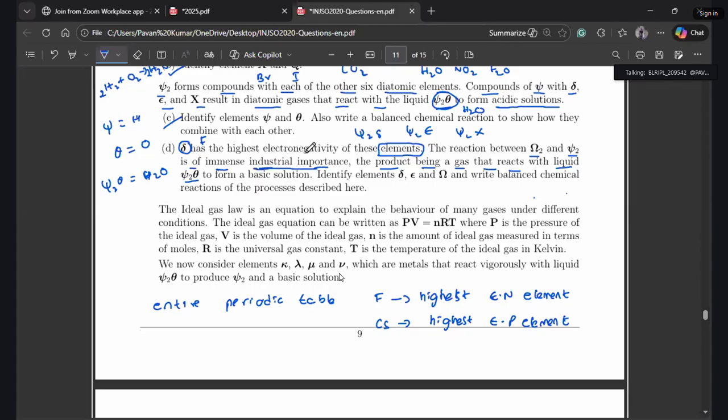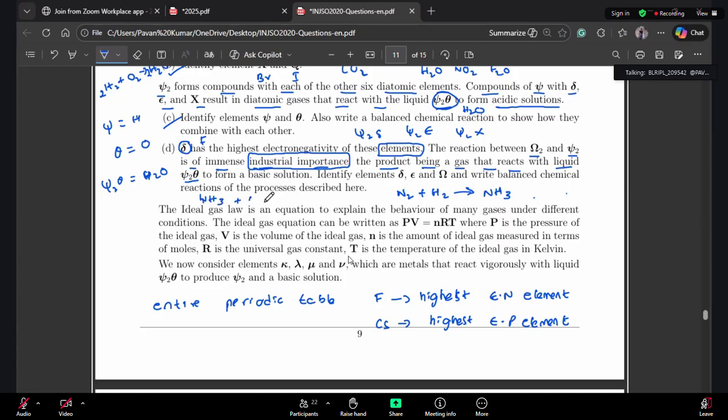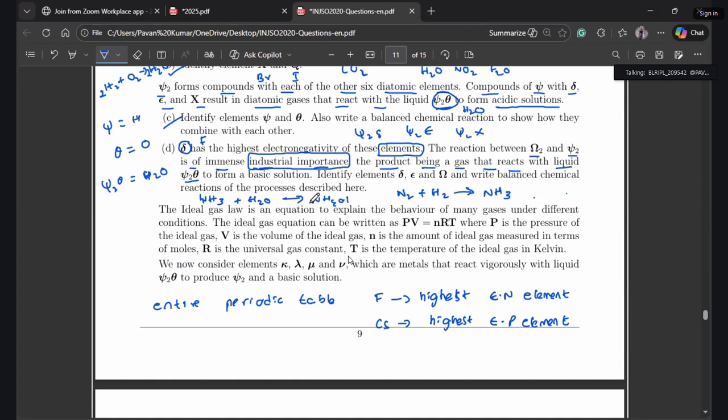Whenever they mention the industrial importance, it means ammonia, Haber's process, N2 plus H2 gives rise to, reversible anyway, ammonia. When ammonia reacts with water, it gives NH4OH, that is basic in nature.